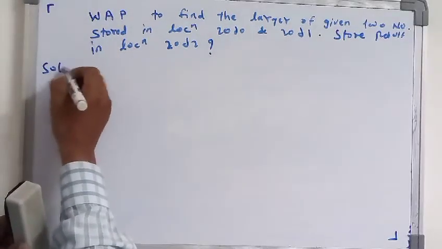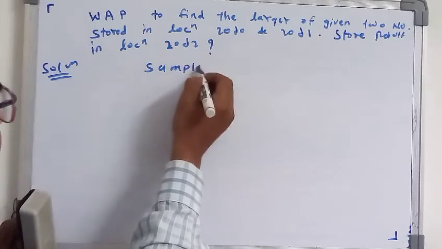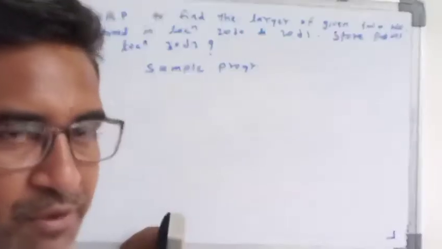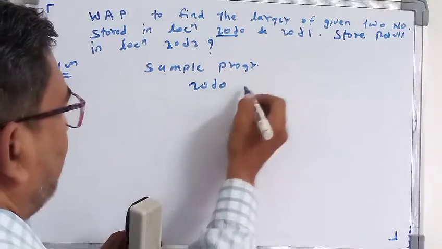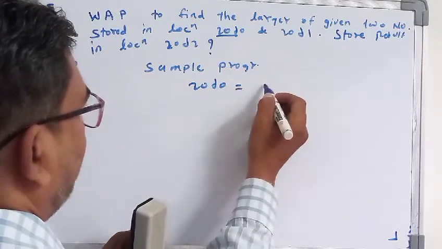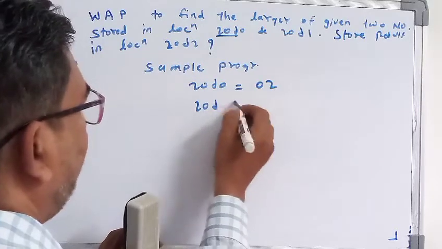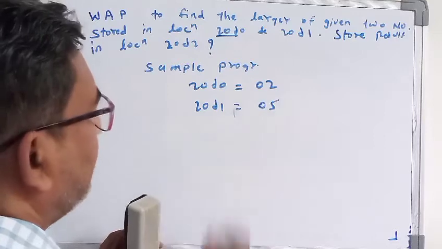Here is the solution. You have to write the sample data. At 20D0 you write the number 02, at 20D1 you write the number 05.